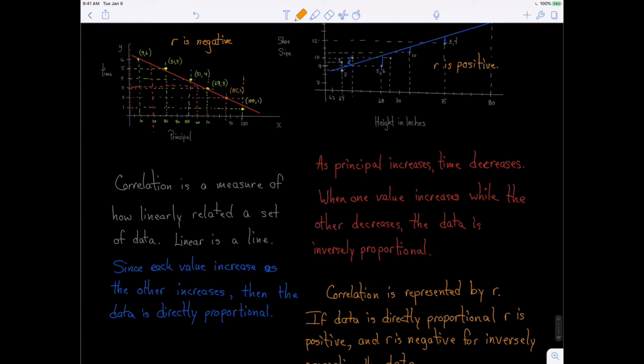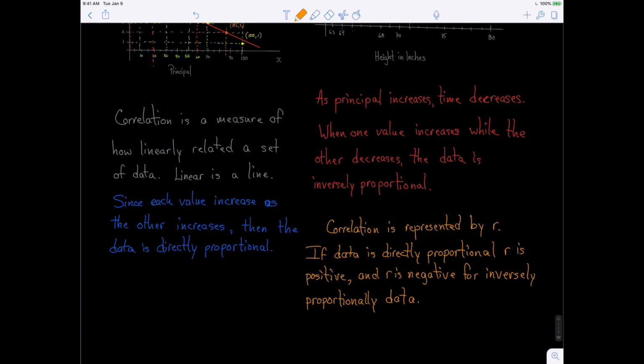Now, not only that, but if it's perfectly correlated, so if data is perfectly proportionally related, R is 1.